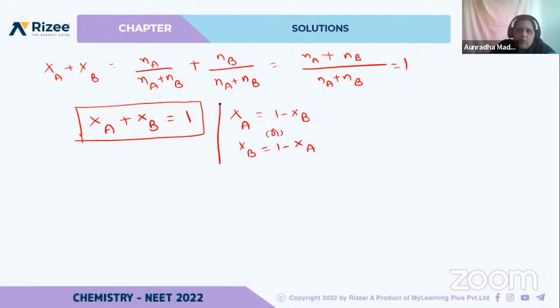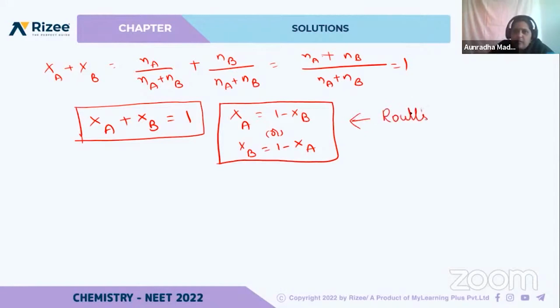If one value is known, we can calculate the other. This is a very important expression. We'll use it in an upcoming topic, Raoult's law. Raoult used the same concept and described his own law. This is about mole fraction.